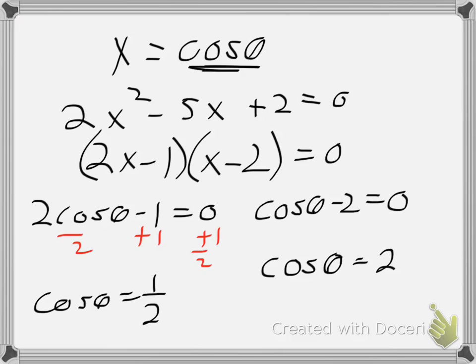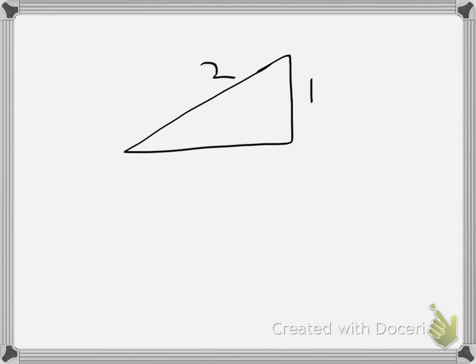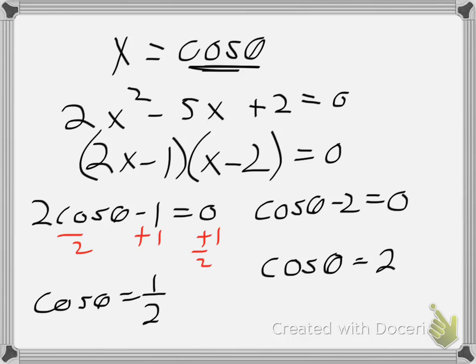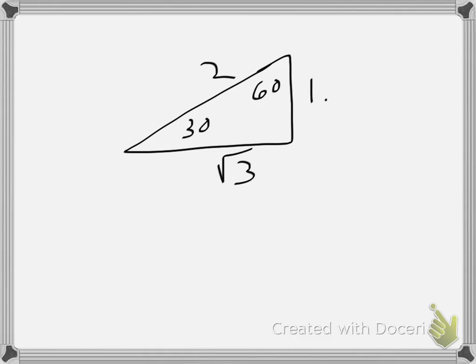So I need to refer to my 30, 60, 90 or 45, 45 right triangles. In this case, the 30, 60, 90 will give me a 1/2. And since I'm talking about cosine, the adjacent over hypotenuse, I want to use 60 degrees or pi over 3.